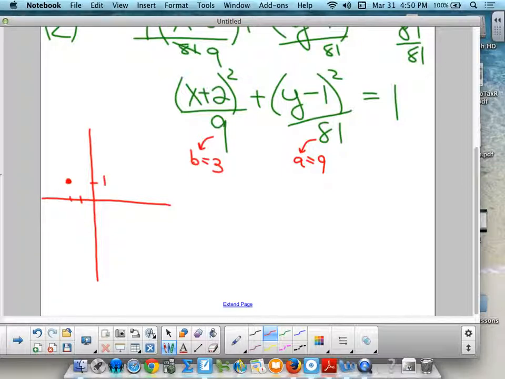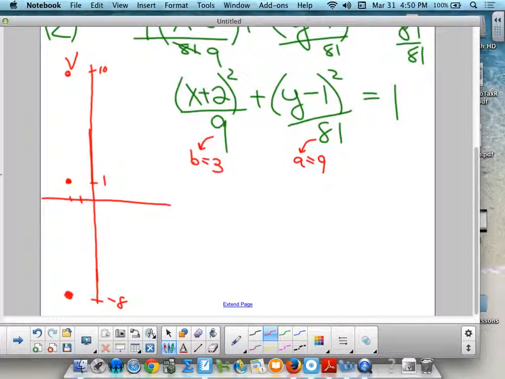I'm going to make sure I'm doing this right before I keep going. Yes, I have it right. Okay. You go up 9 to get to the vertex. That would be way up here at 10, I believe. And you go down 9, and you'd be way down here at negative 8.